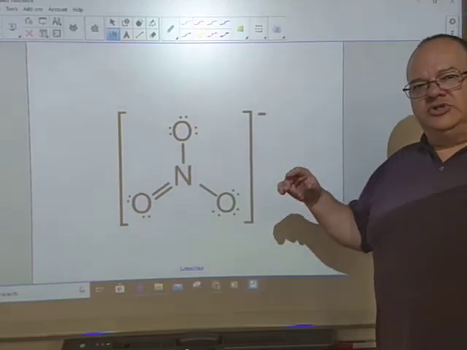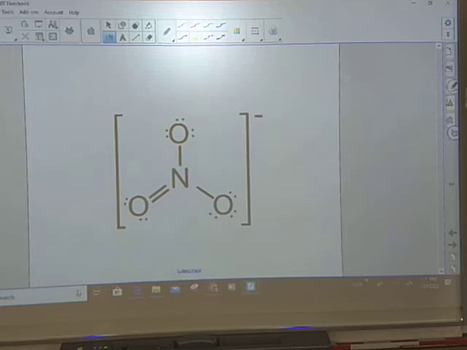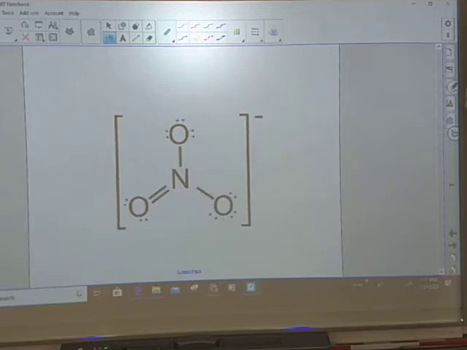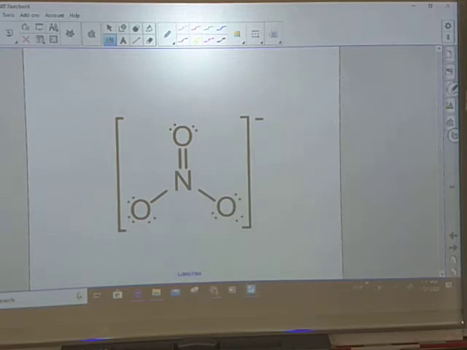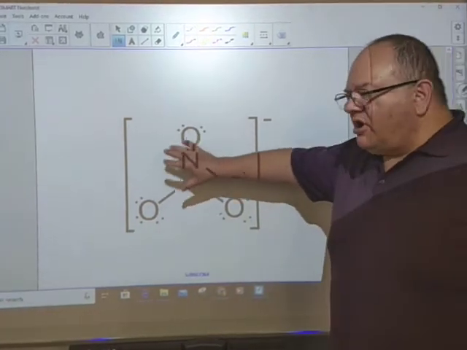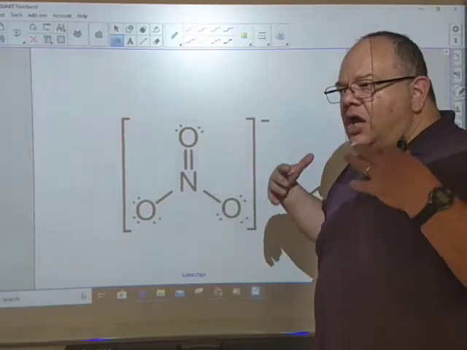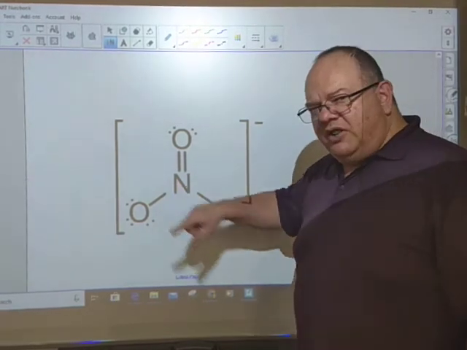And I want you to just kind of let your mind watch it a bit. Now imagine I did that so fast that it just started to blur these images together. And effectively what you saw is 1 1/3 bonds there, and 1 1/3 bonds there, and 1 1/3 bonds there.